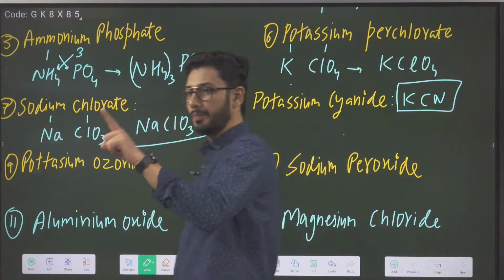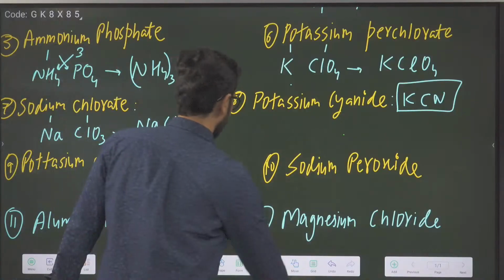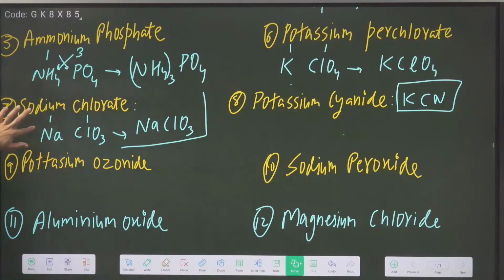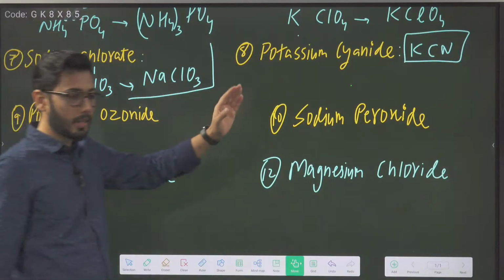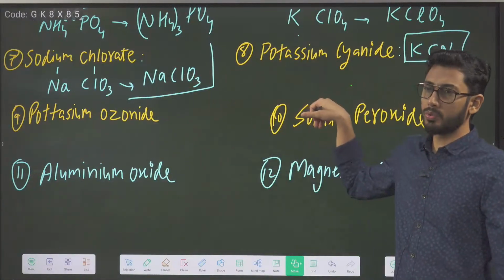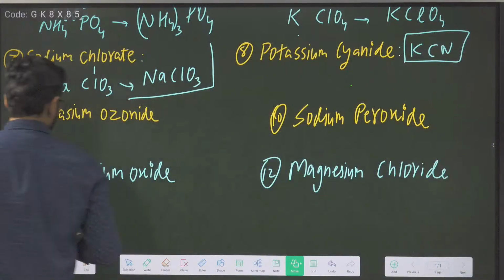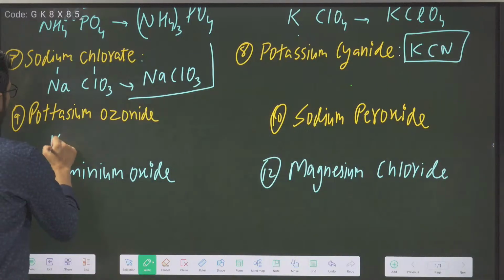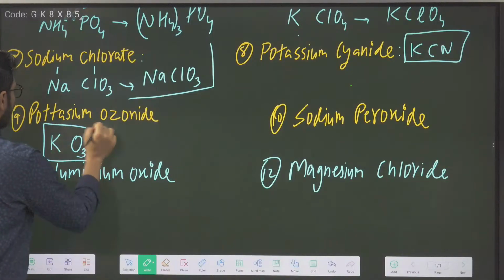K plus 1, cyanide net charge minus 1. Keep on checking your answers wherever you are not getting them. Let me know, I'll recall where we have done it in the notes in the last class or today's class. Potassium ozonide. Potassium plus 1. Today we have discussed ozonide is minus 1. What will be the answer? KO3.